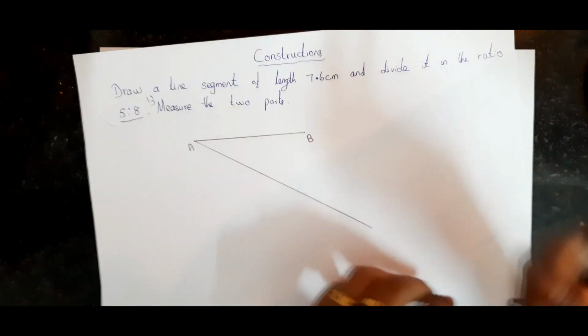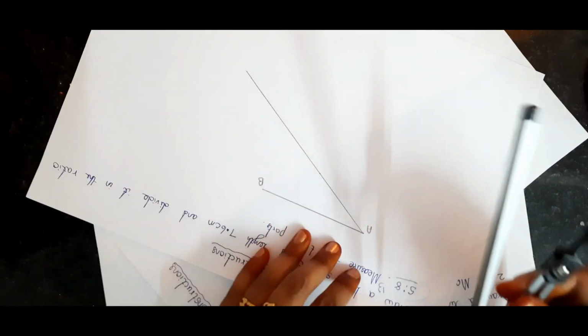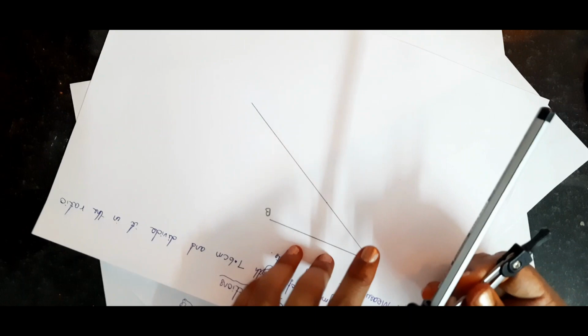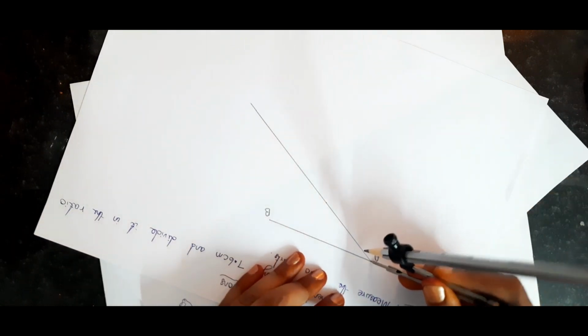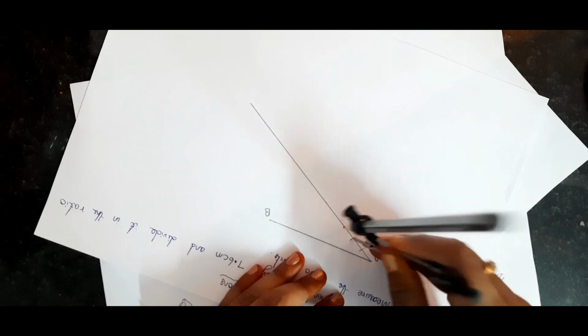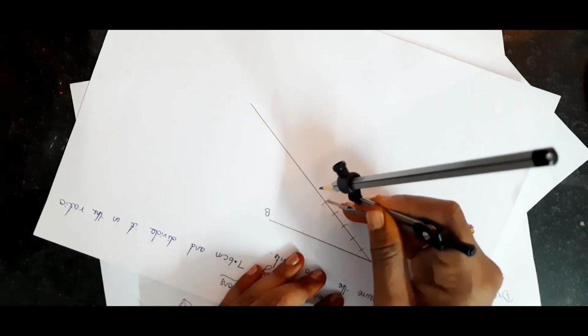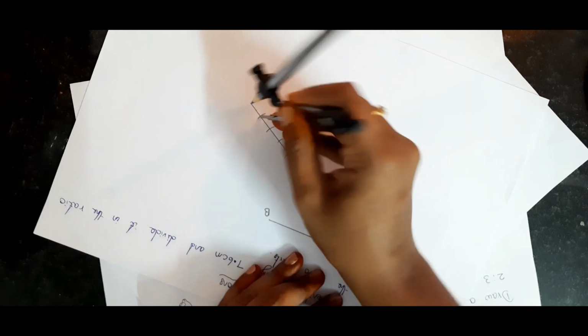Now from the point A, I am going to mark 13 equal parts. So here 1, 2, 3, 4, 5, up to 12 and 13. 13 equal parts I have done.